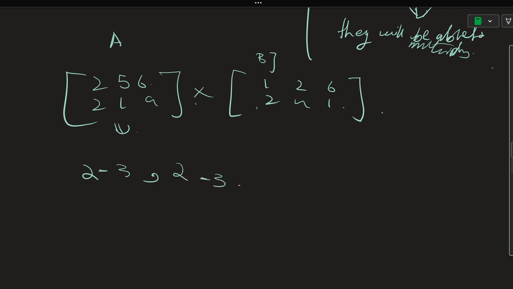You have to match the middle ones, this one and this one. This one is the order of the first matrix and this one is the order of the second matrix. These are not equal, so we'll say the order of the matrix does not match, so they are not multiplicable.